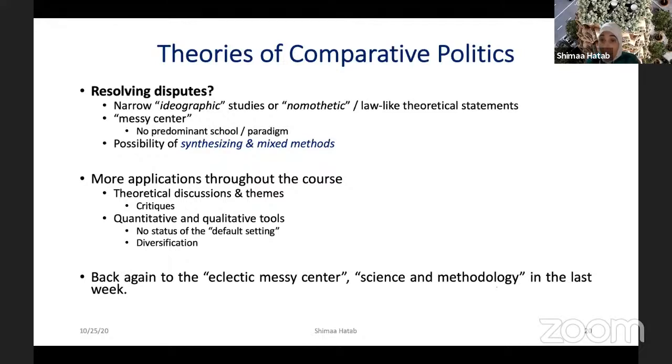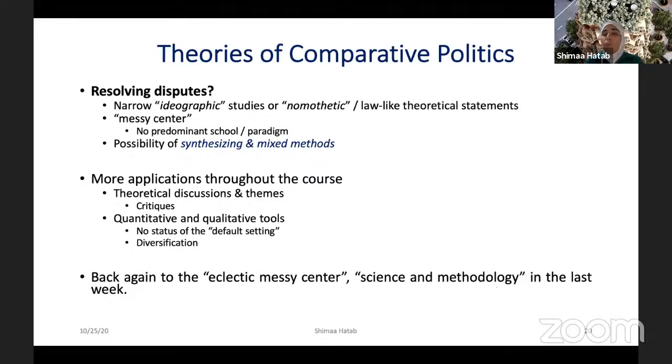So don't worry, we will be talking about all these disputes and contestation between different theoretical schools, and I'll come back to this eclectic, messy center idea, and what it takes to make it scientific knowledge, or what it means to have a science and methodology in political science, and mainly in comparative politics, in the last week after we finish this course.